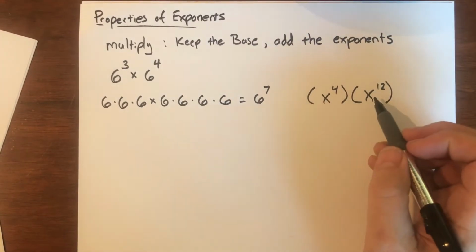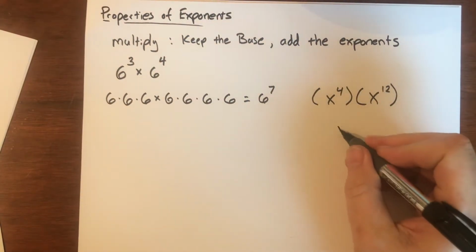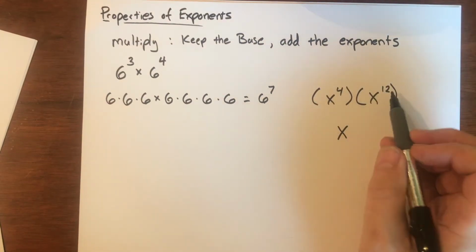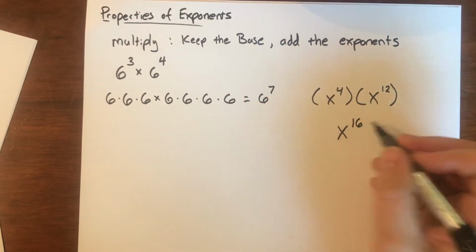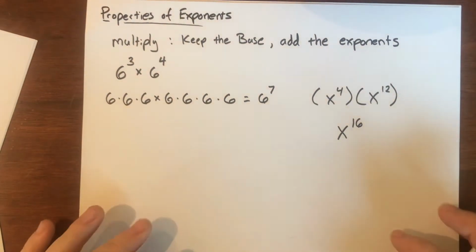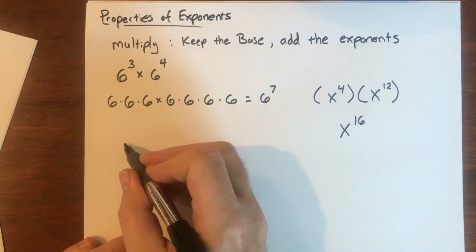And when we multiply exponents, what are we going to do? We're going to keep the base, okay? So it's going to be x. And we're going to add the exponents. 4 plus 12 is 16. Simple, right? Follow the rule. It does not change.